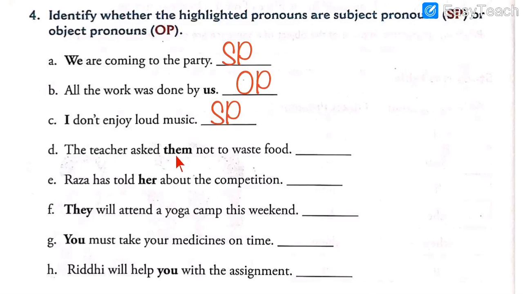Number 4. The teacher asked them not to waste food. The highlighted pronoun is them. Whom did the teacher ask? The teacher asked them. Now, what question did I ask you? I used the word whom.